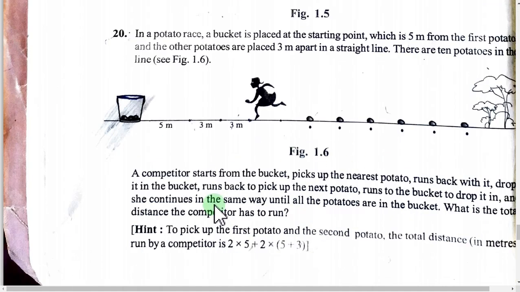See, here a hint is given in the question itself. To pick up the first potato and the second potato, the total distance in meters run by the competitor is 2 into 5. Why is it 2 into 5 here? Because twice she runs a 5 meter distance, because once from here she starts and runs 5 meters, and then again she picks up the potato and again she goes back. So altogether she runs 2 times 5 meters.